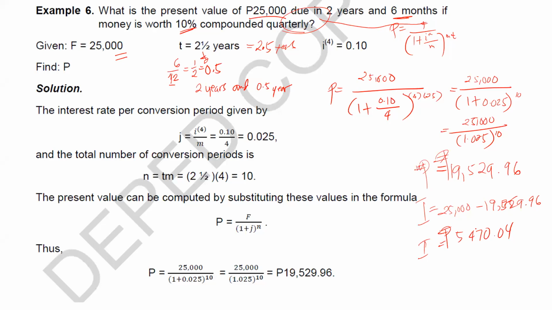Let me quickly go over converting months to years. For example, you have 3 years and 8 months. What is the value of T? The 3 years is the whole number, 3 point.